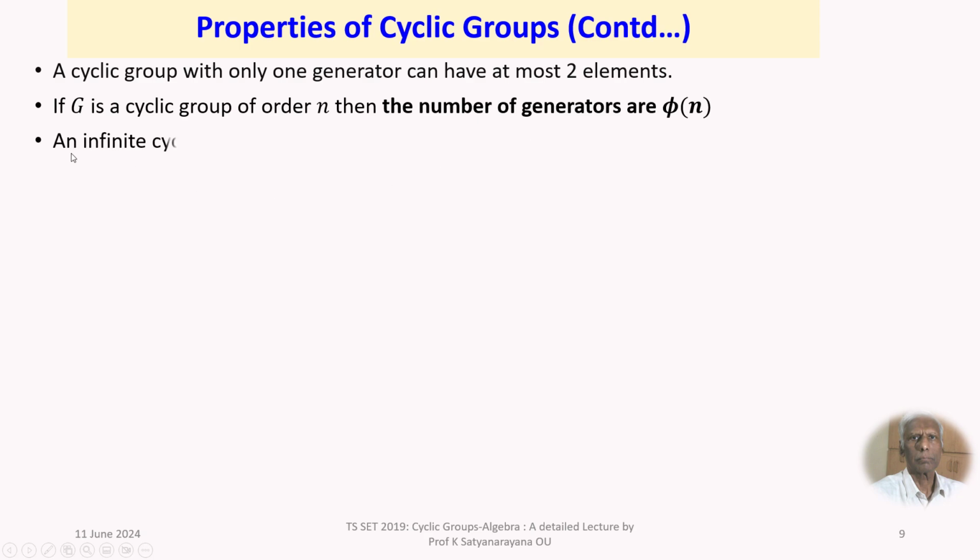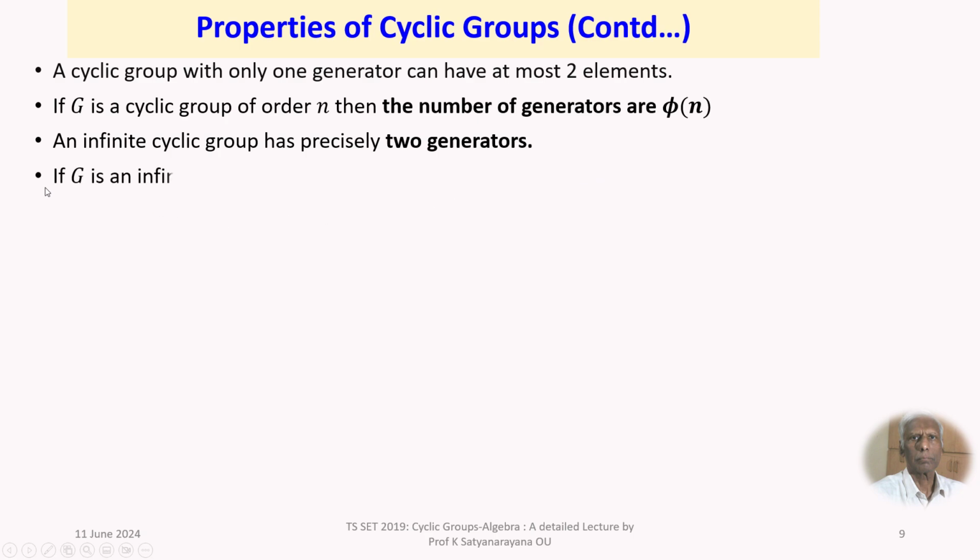Anyway, an infinite cyclic group has precisely 2 generators. For example, Z under addition is an infinite cyclic group, which has only 2 generators, 1 and minus 1.